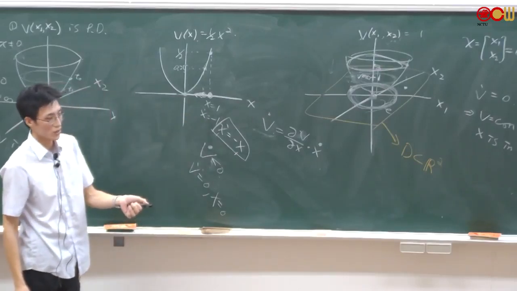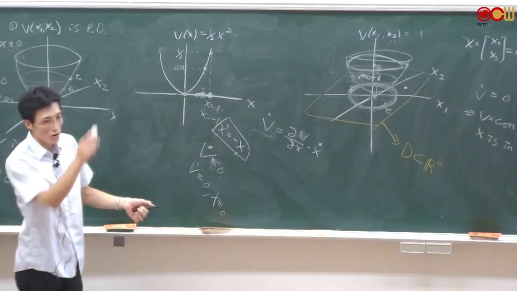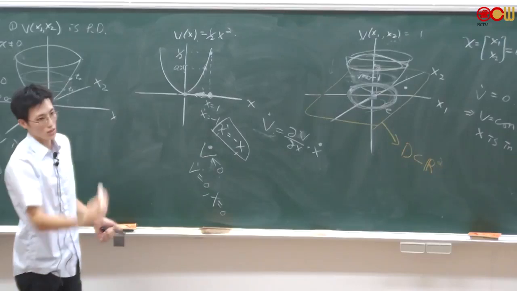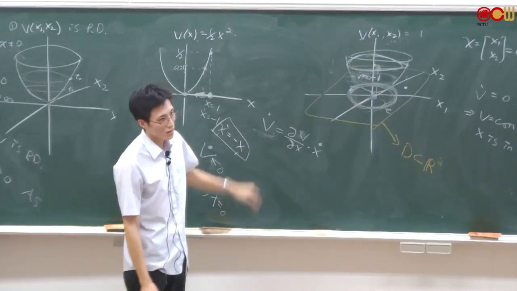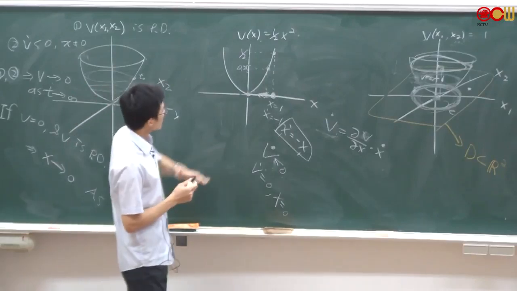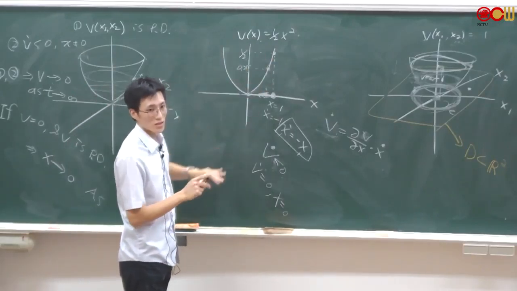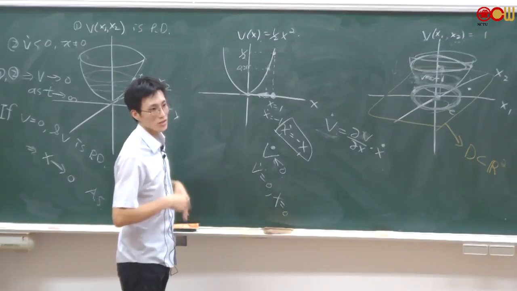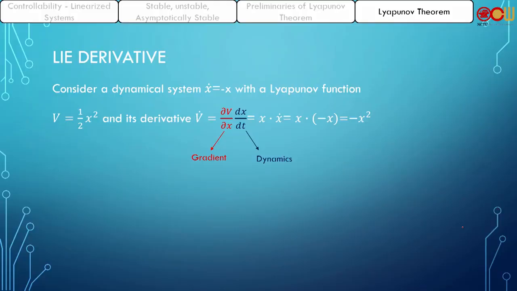That's why we exclude 0. At the minimum of a function, the gradient, the slope, is 0, so v dot must be 0. Basically, this v function doesn't exist physically. It just helps you analyze the stability.